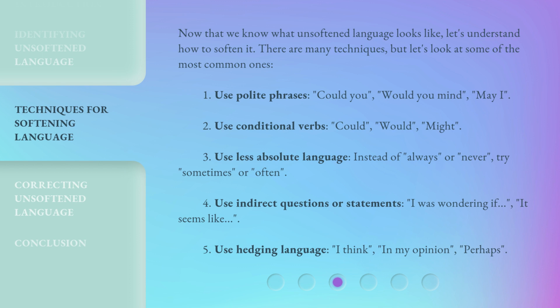Use less absolute language. Instead of always or never, try sometimes or often. 4. Use indirect questions or statements. I was wondering if, it seems like. 5. Use hedging language. I think, in my opinion, perhaps.